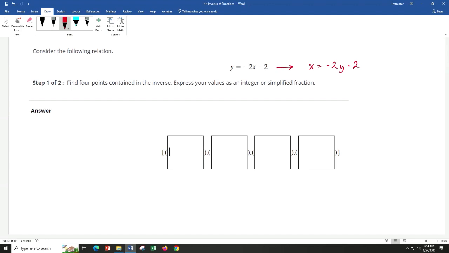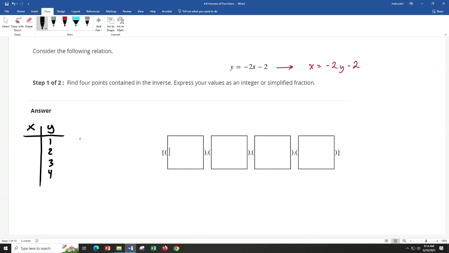Now find 4 points. That's all you gotta do. Find 4 points of your new graph. Instead of plugging in x, you could if you want to, but since I've inverted this, let's go ahead and do 1, 2, 3, and 4.